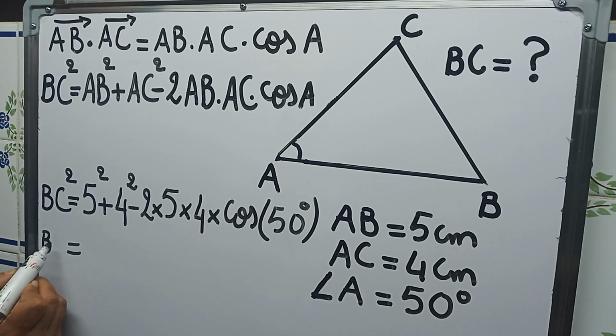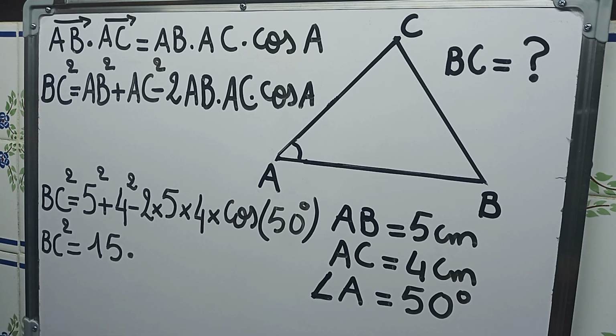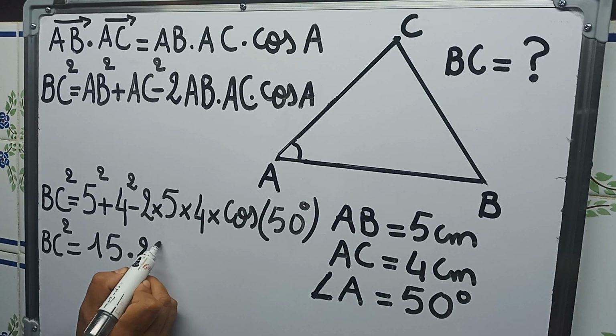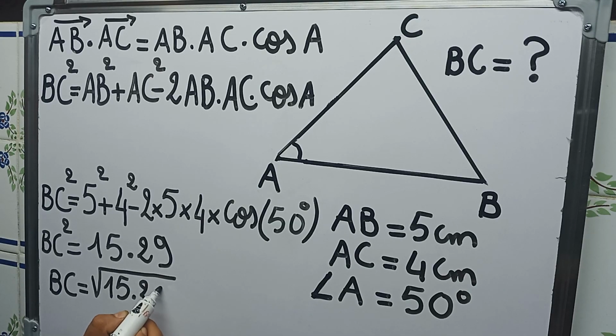BC squared is equal to 15.29, meaning that BC is equal to the square root of 15.29.